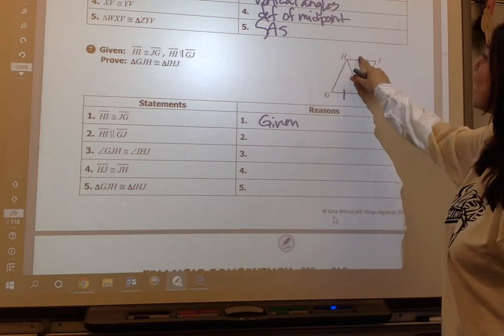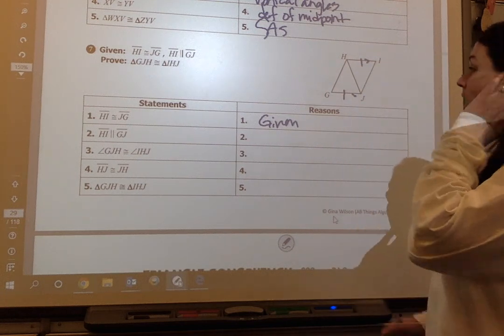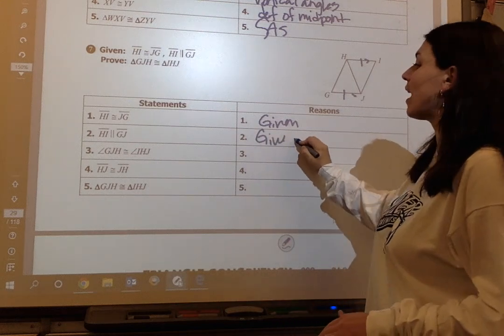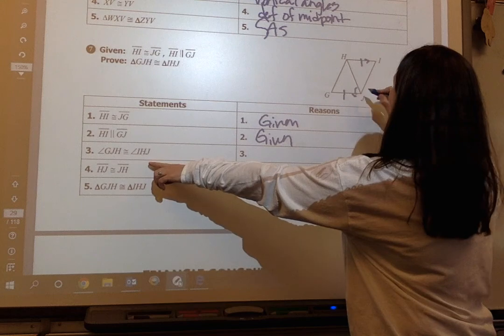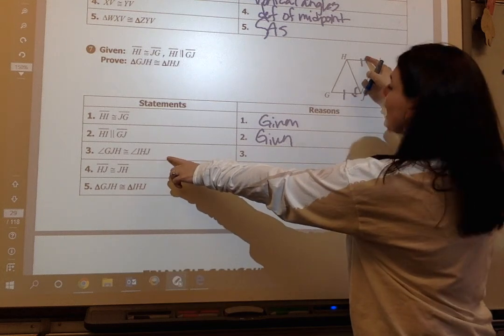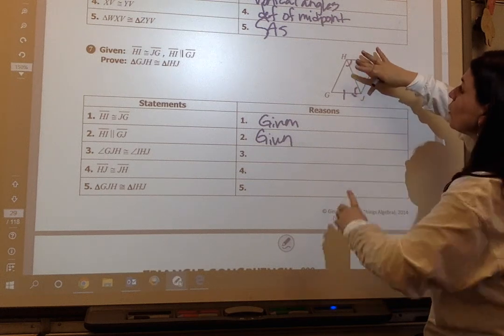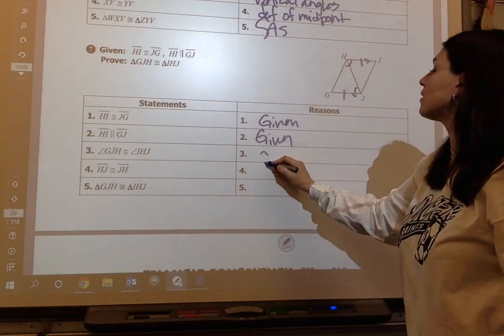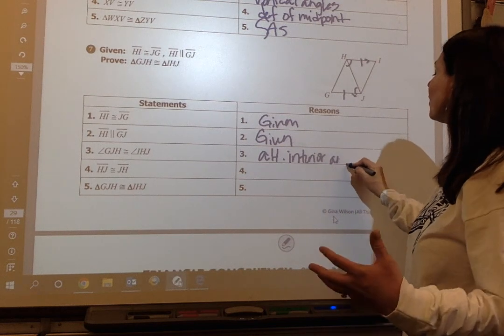HI. Oh, no, that's not on our own. Oh, it's still leading me. All right, HI is congruent to JG. That is given to me. I know that HI is parallel, and that's a given statement. So now look what it says. Angle GJH is congruent to angle IHJ. If these are parallel, cut by a transversal, these are congruent to each other because of alternate interior angles. See how we're putting it all together?